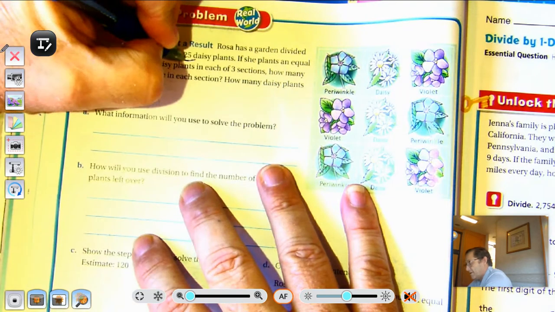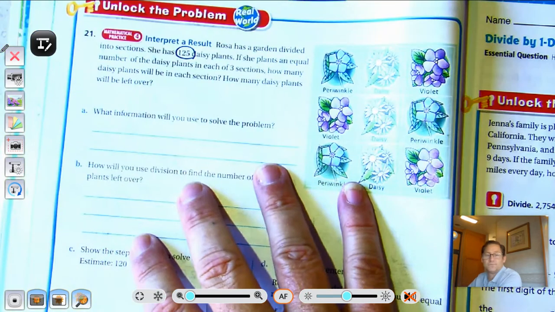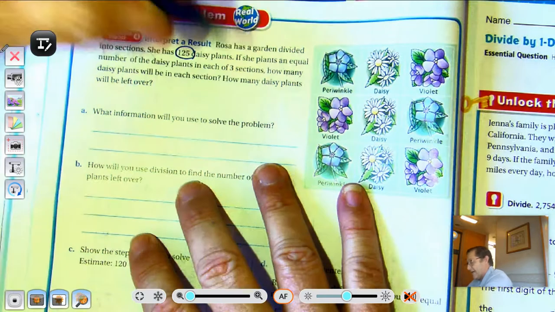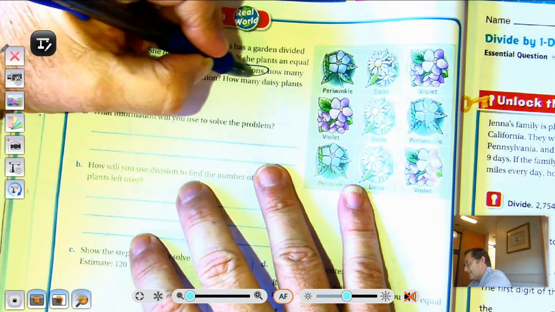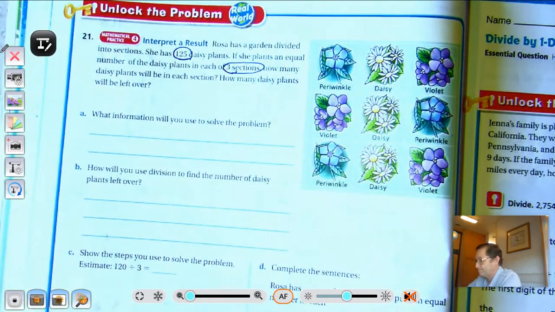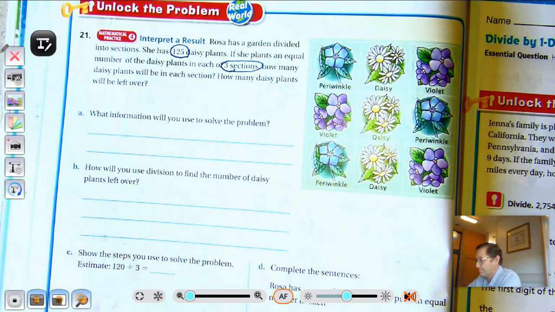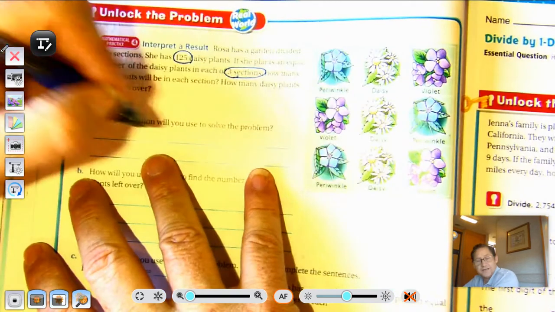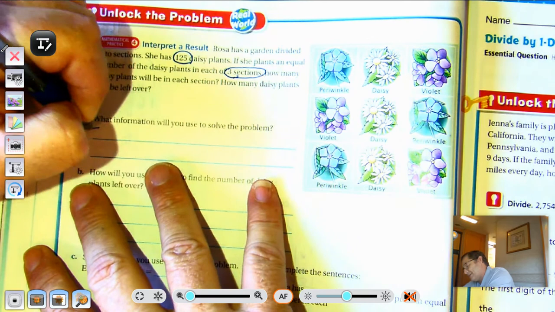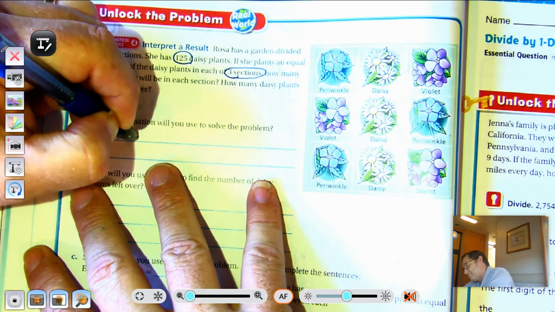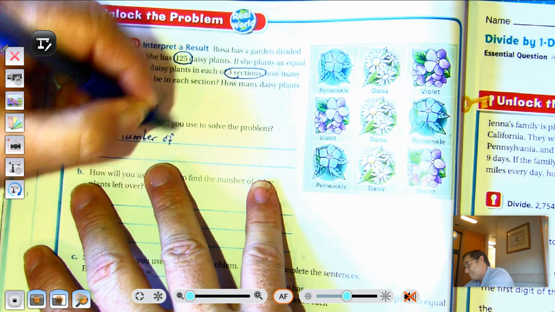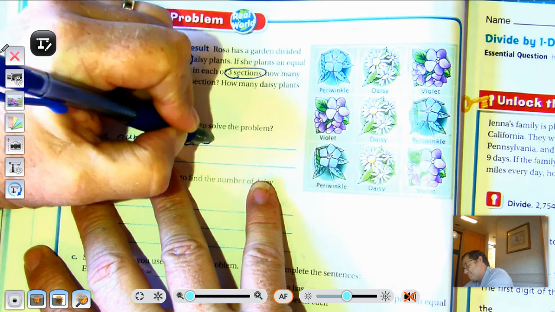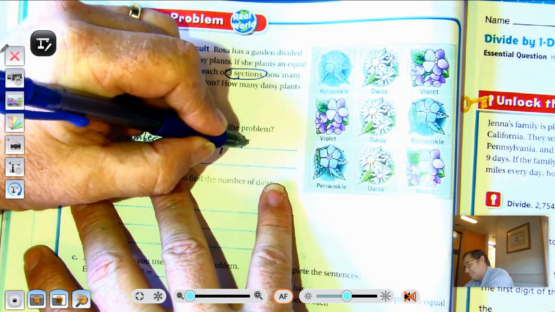Well, we know she has 125 plants total. She has 3 sections. So I need to use the number of daisy plants and the number of sections.